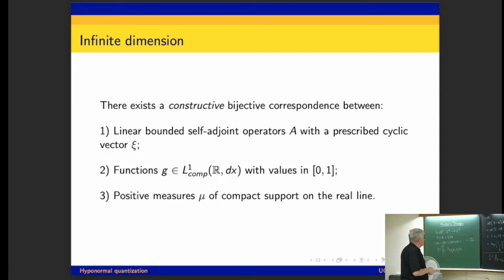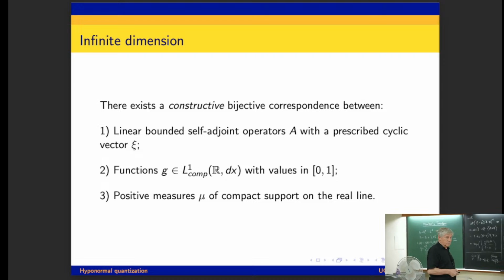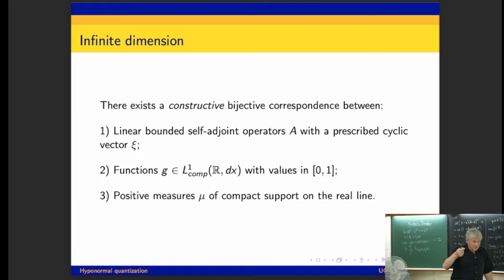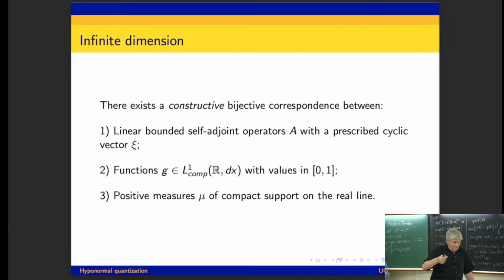Functions, the phase functions of compact support with values in 0, 1, any measurable function, and any positive measure on the real line. So that's quite remarkable, because we relate cyclic operators to shade functions, I call them, and two measures.